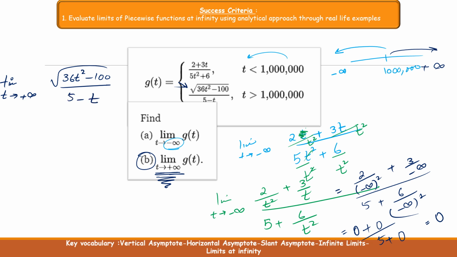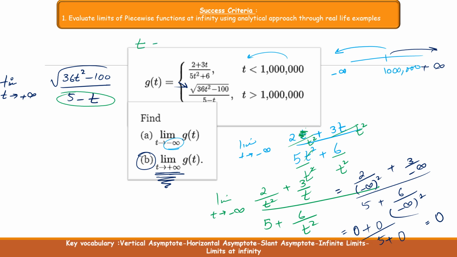Now here in the numerator there is a square root, but in the denominator there is no square root. In all cases we have to focus on the denominator to pick the variable with the highest degree. So t is the variable with the highest degree.